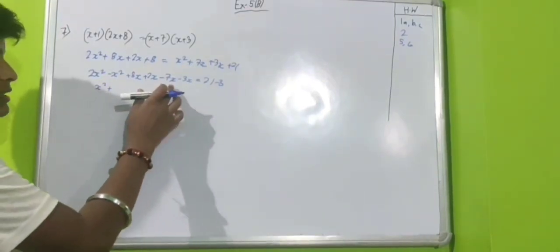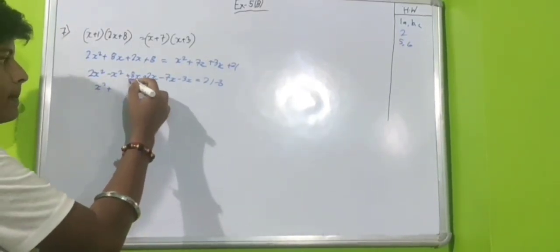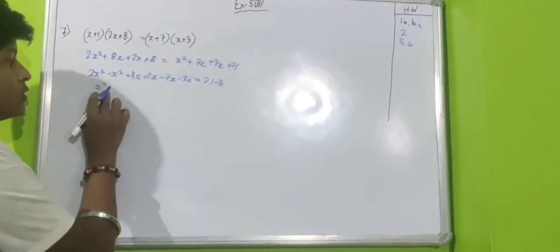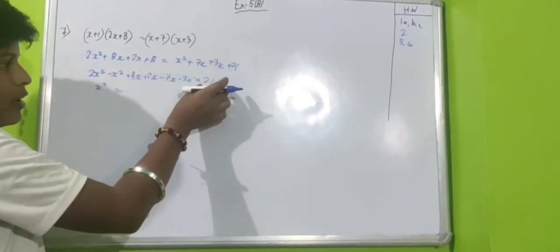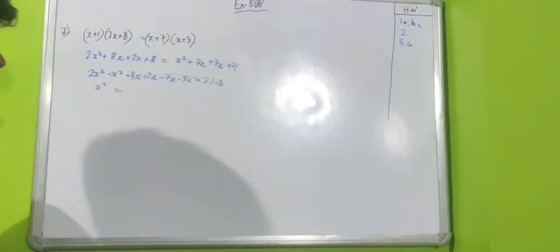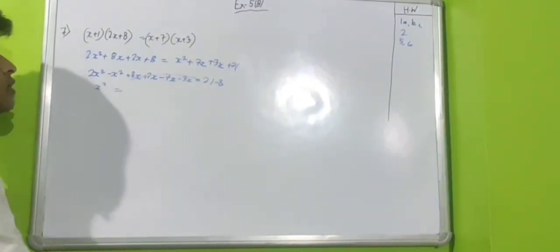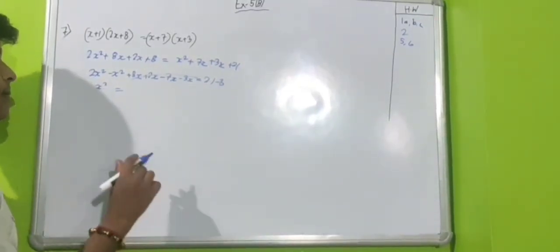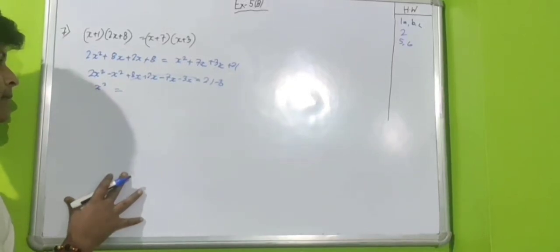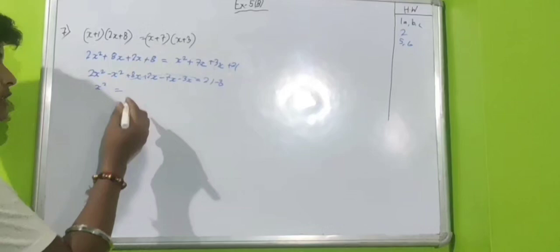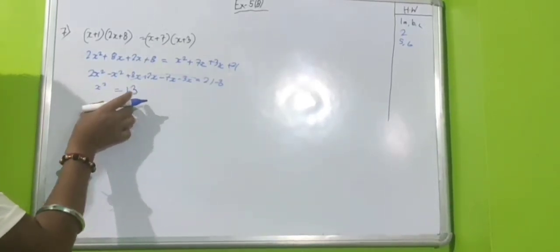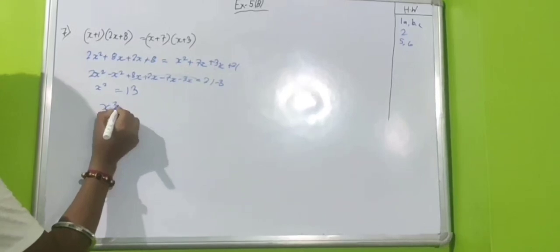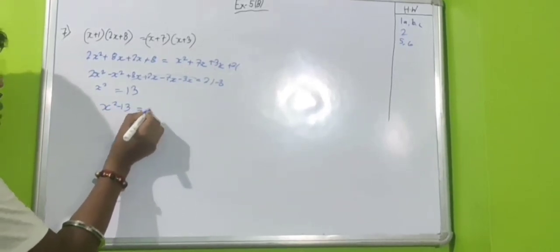So 10x and minus 10x will cancel. So on the other side, on solving 21 minus 8, the answer will come as 13. Send 13 here, x square minus 13 equals to 0.